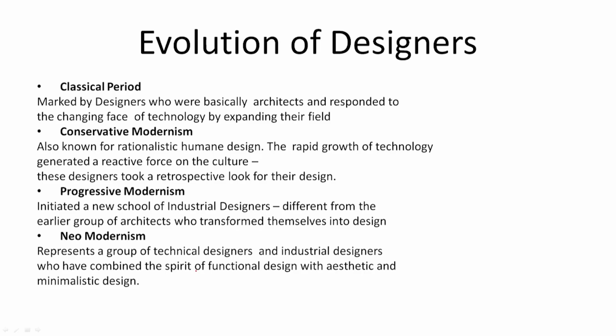Now, what happened? As a result of a lot of technical components, it created an environment where people started to think that we are becoming too much like a machine society. The human touch was missing.